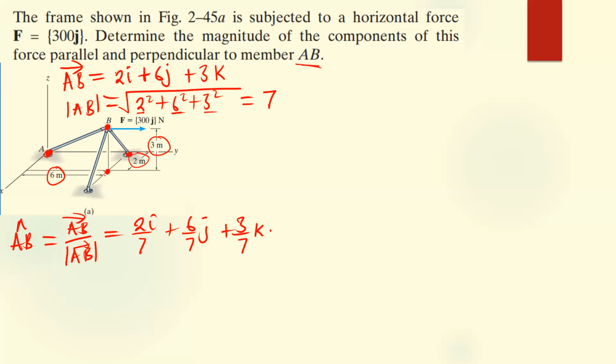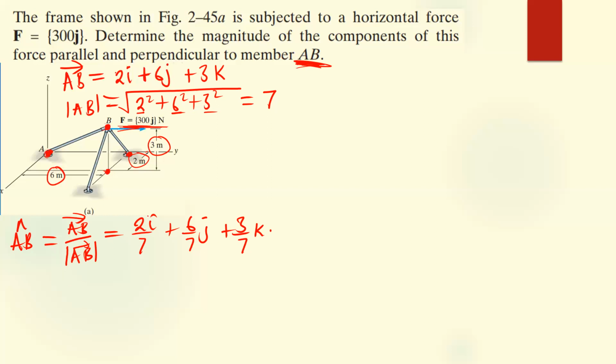Having found this, we are now supposed to multiply this by the force, for you to get the projection or the component of this force F along, or parallel to, the line AB, the member AB.